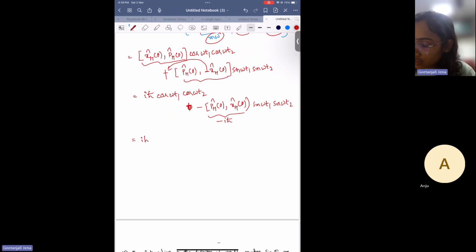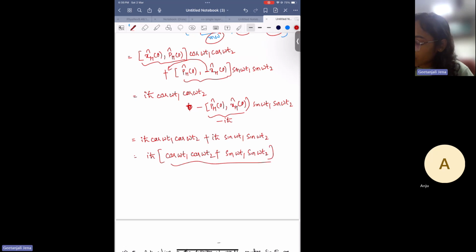So the resultant expression is iℏ cos omega t1 cos omega t2 plus, this minus minus plus, iℏ sin omega t1 and sin omega t2. So that means this is nothing but cos omega t1 cos omega t2 plus sin omega t1 sin omega t2.